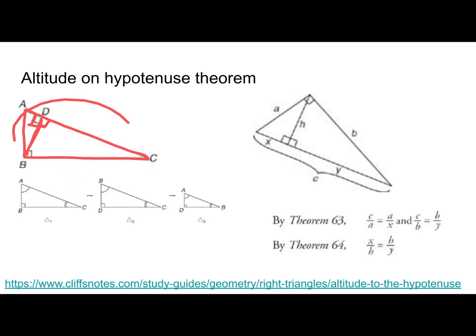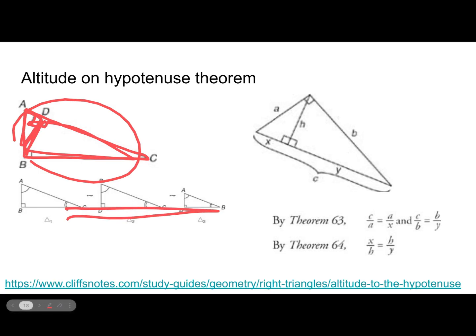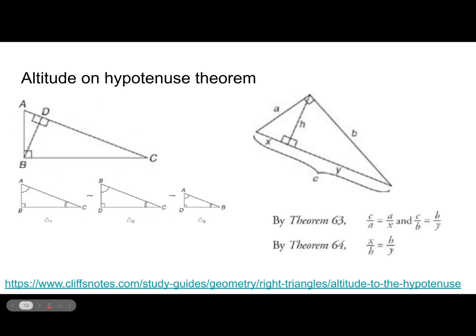So this whole big one is similar to this medium one, is similar to this little one, and that's what this is showing here, but it's not really to scale, which is a little annoying. So basically, all that to say, we can prove things using that. Like, I won't go through the proofs because that would take a long time, but we can prove these two theorems, which are the altitude on hypotenuse theorems, and do a little bit of math there.